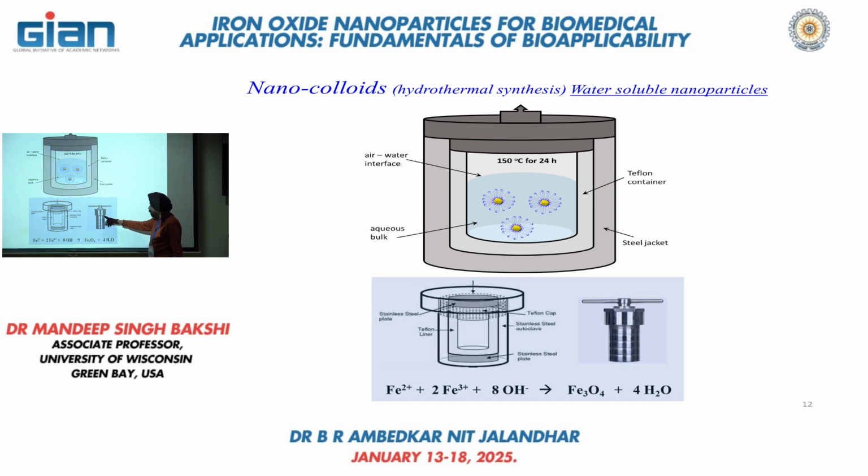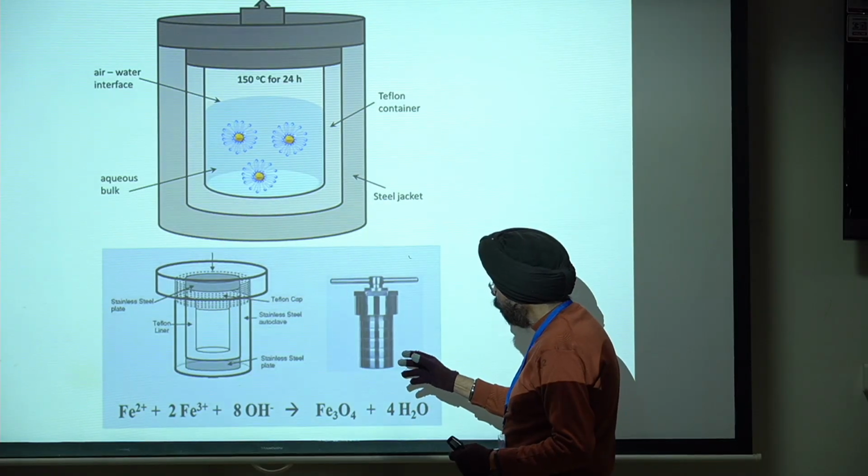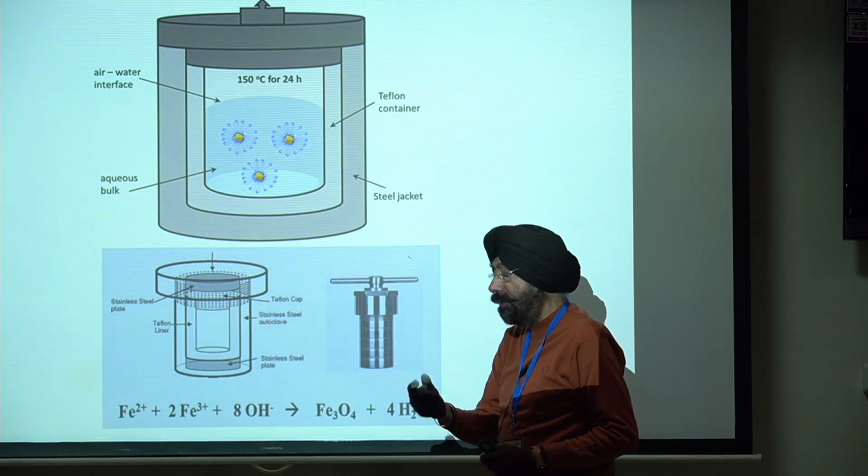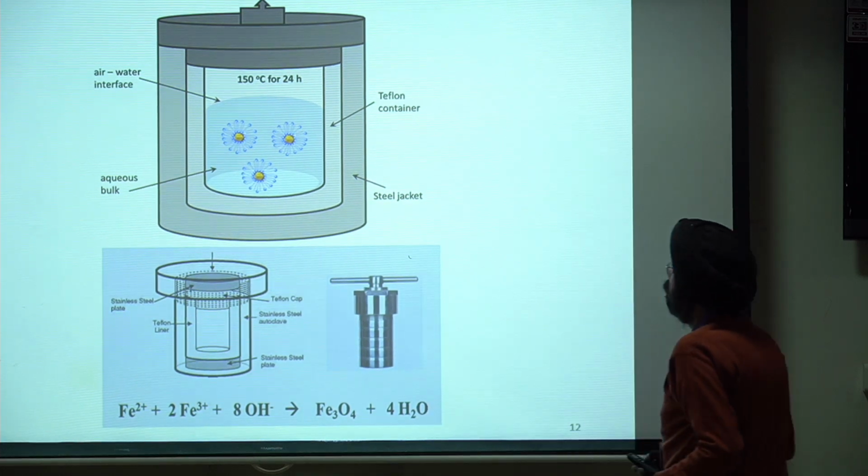It is something like this, quite a big container. This rod is to open the lid. The lid of the container is this thick, and you have to apply pressure in order to open it. Inside it is a very heavy steel jacket. Inside it is a Teflon container where you add the reaction products.